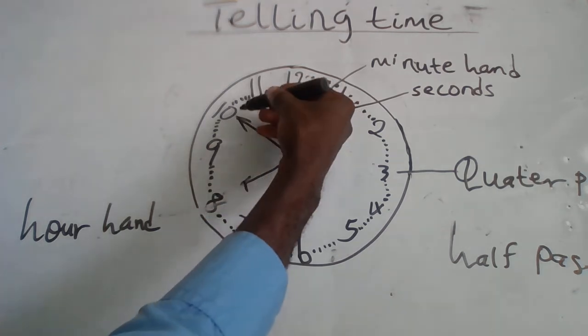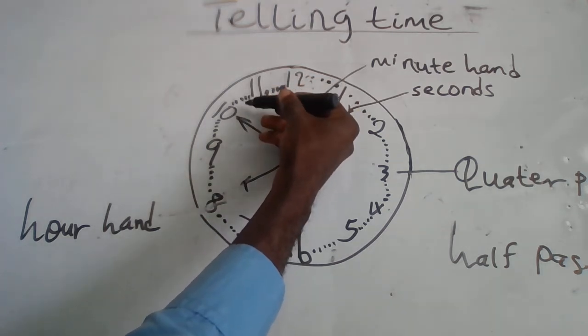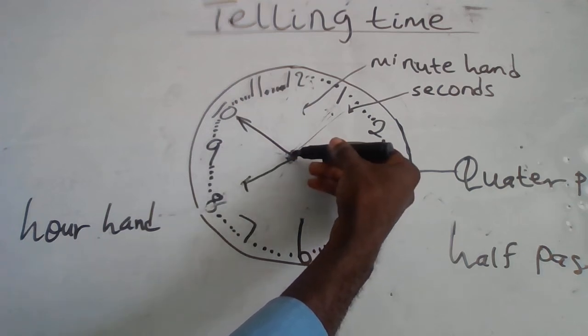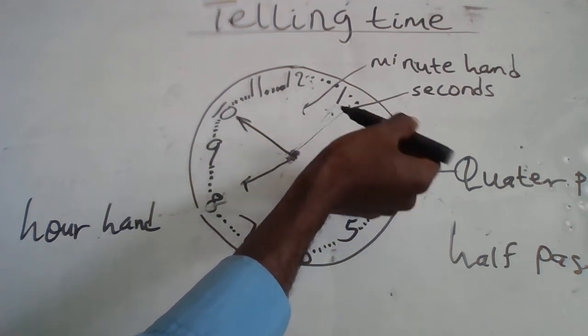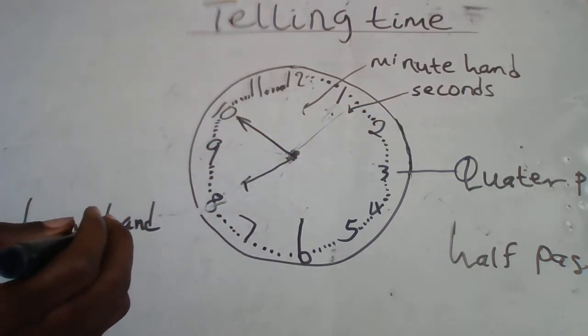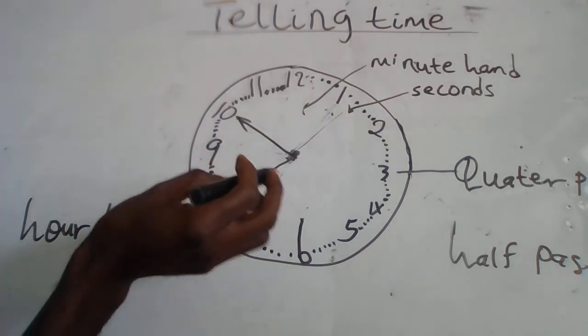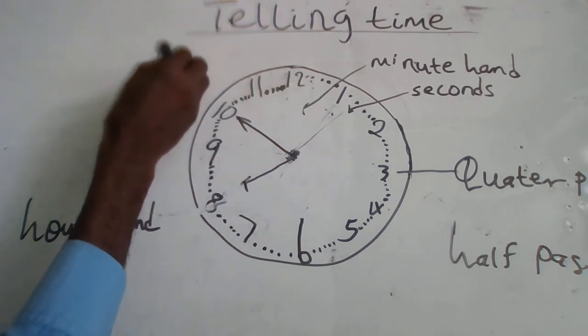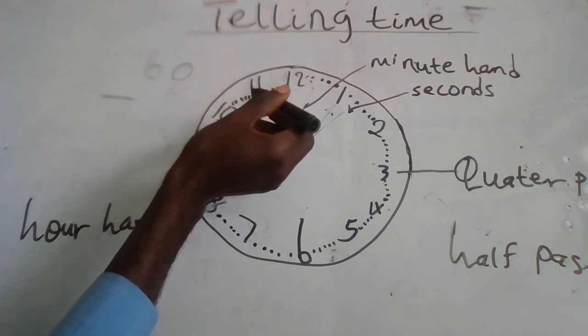So if we have our hour hand pointing at 8 and our minute hand pointing at 10, it means that we are getting close to 8 o'clock. Now let's say this is 60.